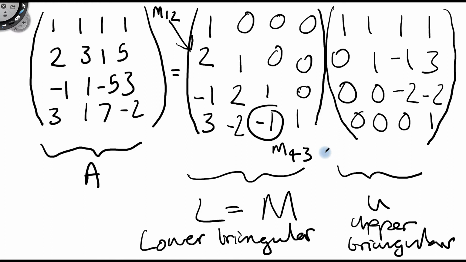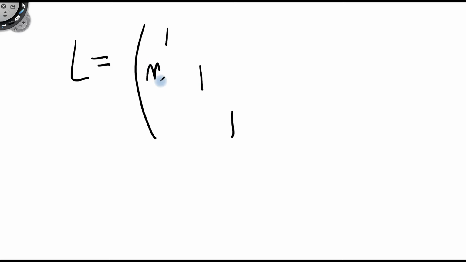Let me just say a little bit more. L turns out to be our matrix of multipliers. So it's M. Sorry, I got it wrong: it wasn't M12, it was M21, M31, M41.